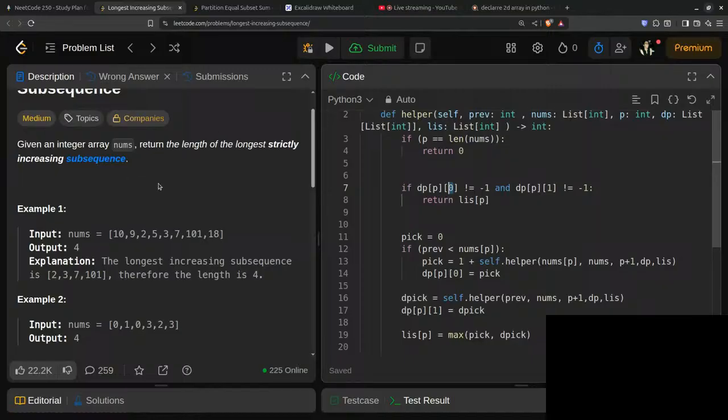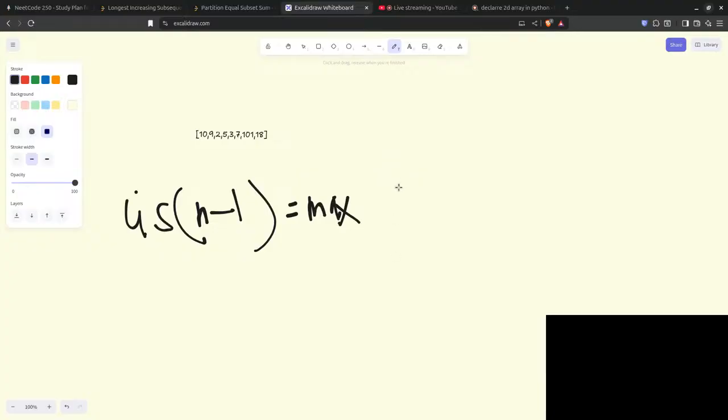So I want to solve this question. We can also rephrase it like the longest subsequence at n minus 1 position is equal to max of, if we're trying from bottom, LIS n minus 2 and LIS n minus 3 till the end.